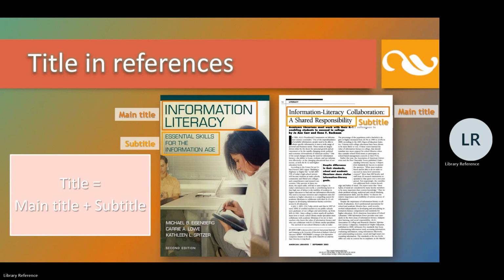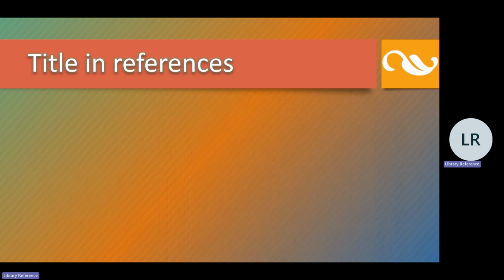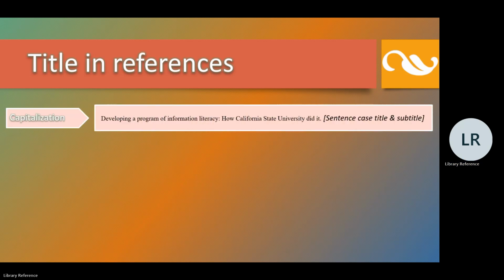So let's see what we need to pay attention to with regard to titles in the list of references. I'm going to start with capitalization. APA says that titles in the list of references should be capitalized using sentence case capitalization.